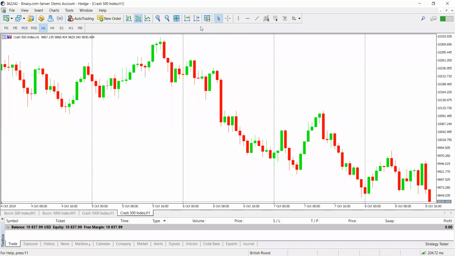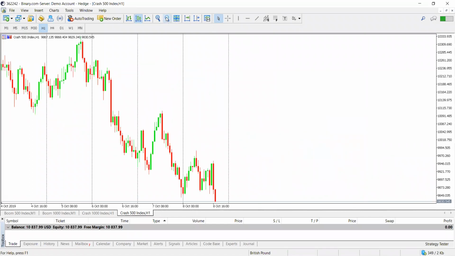I know Crash and Boom has a temptation to always trade from the 1 minute. When people see the 1 minute, they start entering trades. However, the truth of the matter is that the higher time frames give you the overall trend. The rule of Forex says trade with the trend, and it still applies with Crash and Boom.